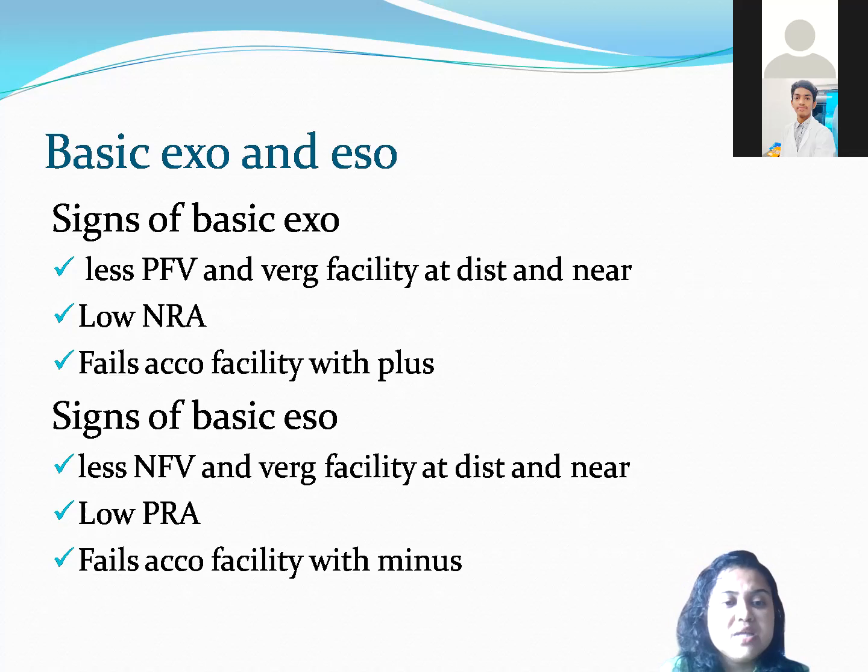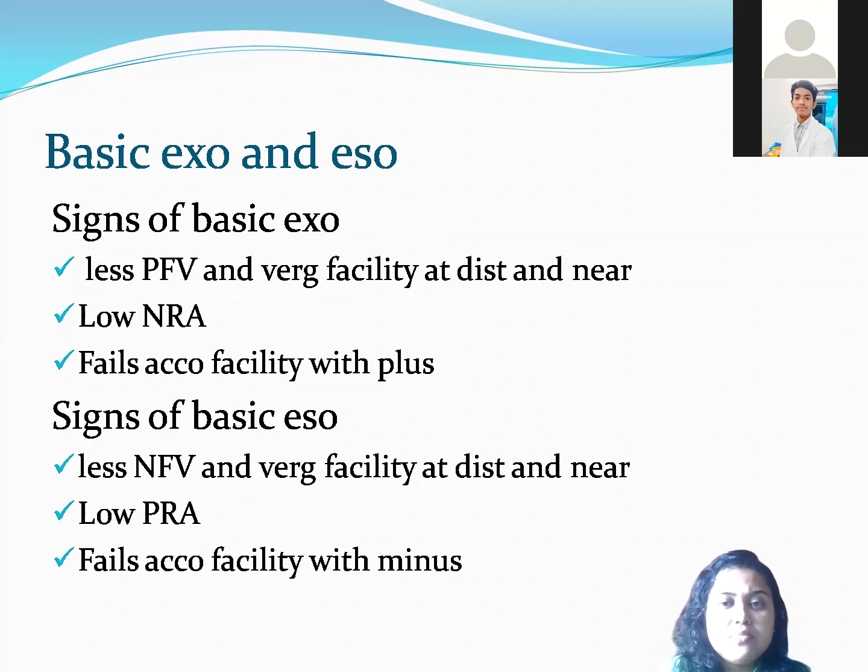Basic esophoria, the main thing is that the amount of esophoria for distance and near will be the same. So if we measure it with a Maddox rod, we get the same amount of esophoria for distance and near. So the patient will have less negative fusional margins at distance and near both.